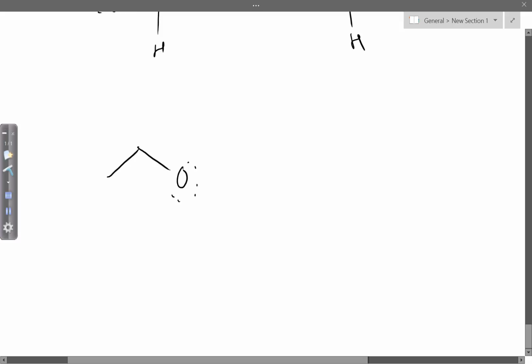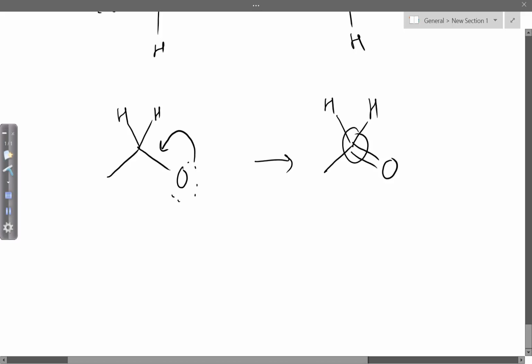And by the way, I can draw the lone pair coming back down. I can draw a negative charge coming back down. It means exactly the same thing, right? So now I just draw it like this. A lot of people think that, okay, nothing is wrong, I'll get this. But they forget that there's actually 2 hydrogens here. So if I draw it this way, it means that the 2 hydrogens are still here, correct? This is clearly a violation of my octet rule. So this is less obviously seen, right?